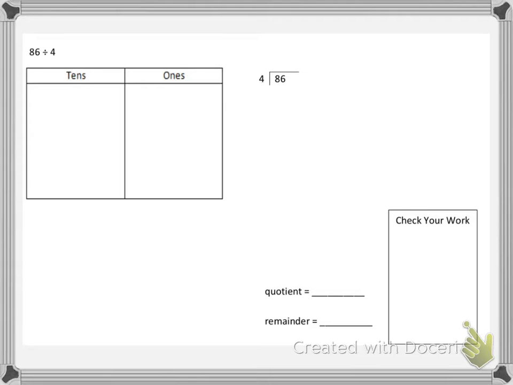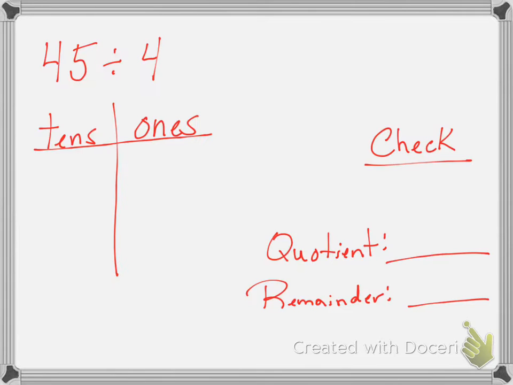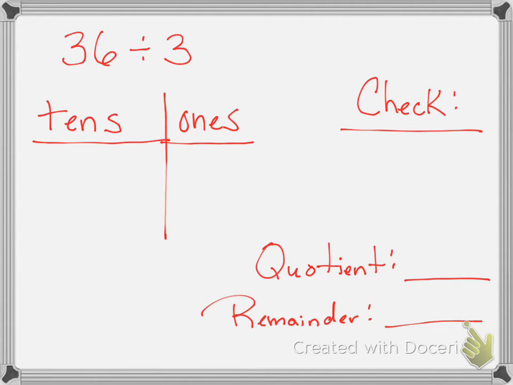Using the place value chart, 45 divided by 4, please make sure you are checking. And our last problem for tonight, 36 divided by 3. Use the place value chart to help you solve it. And please make sure you're checking, because I know you're going to get 100 tonight if you make sure that you're checking.